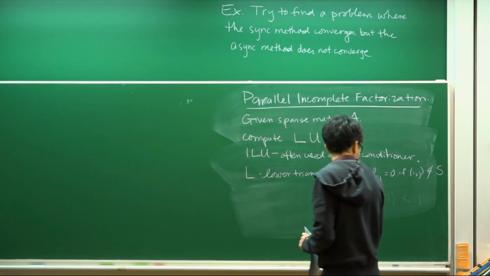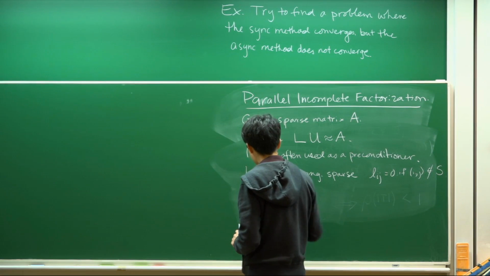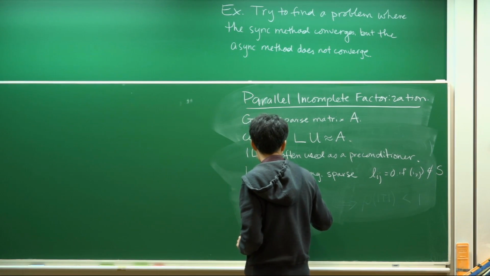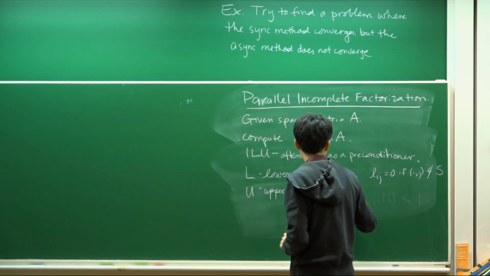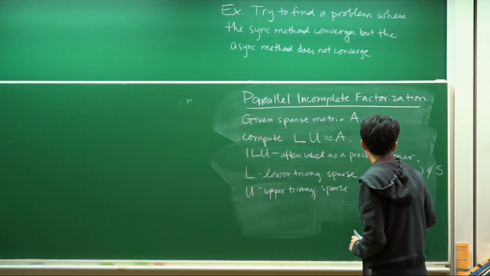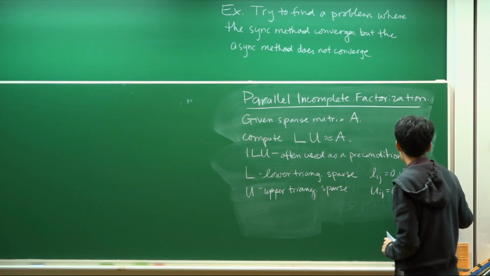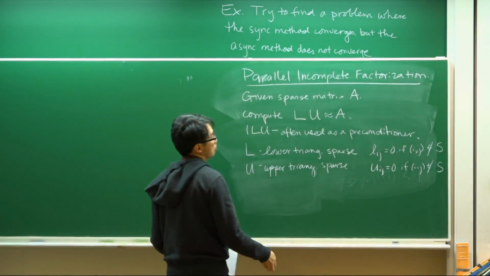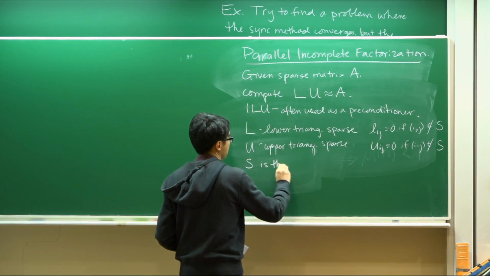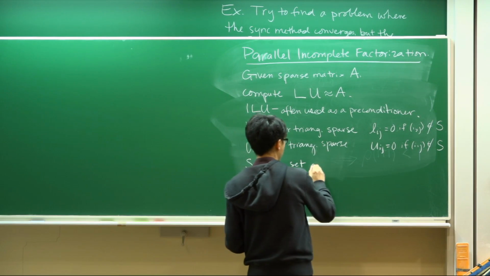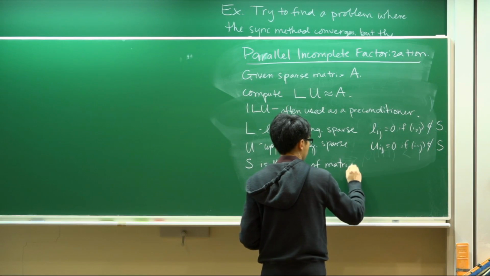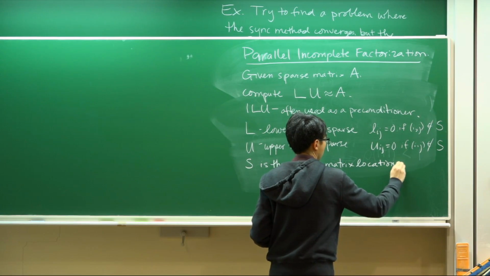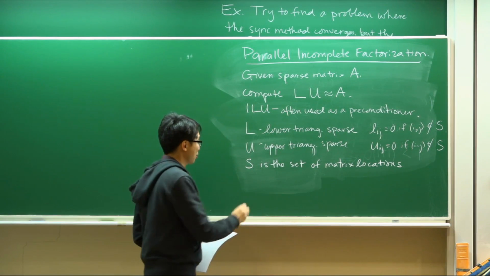Okay, and similarly for U, upper triangular sparse: Uij is equal to 0 if ij is not in S. So S is the set of matrix locations that are allowed to be non-zero.